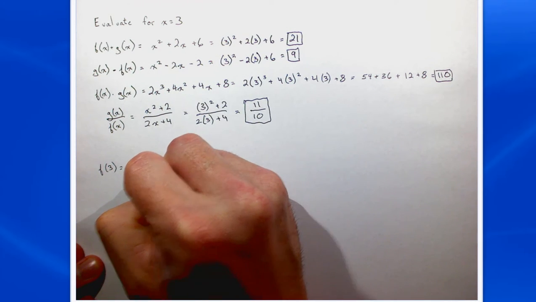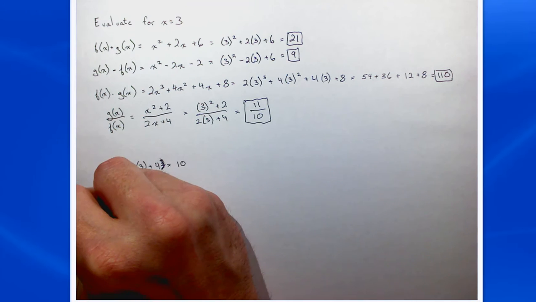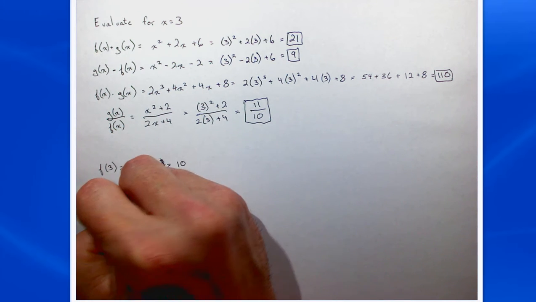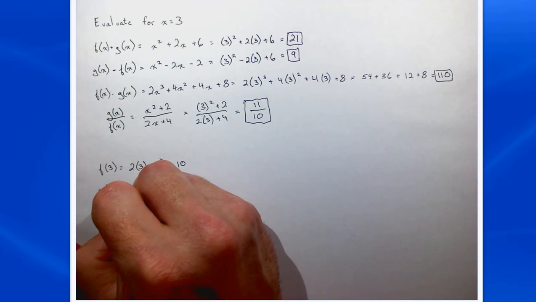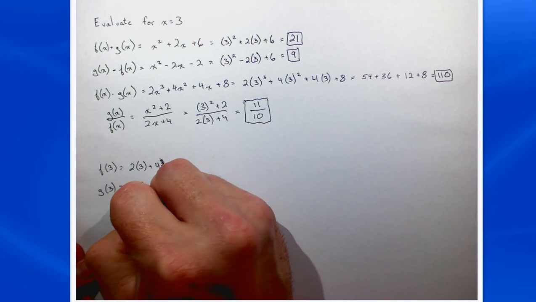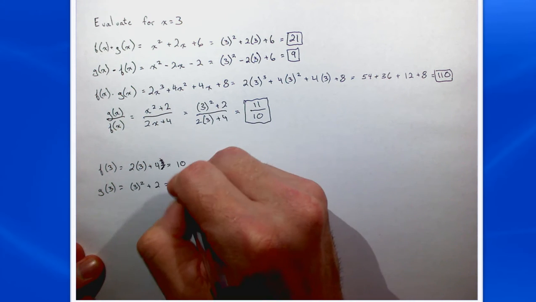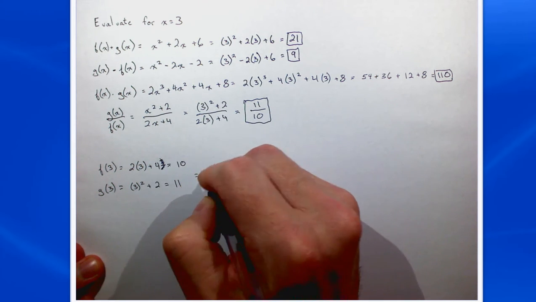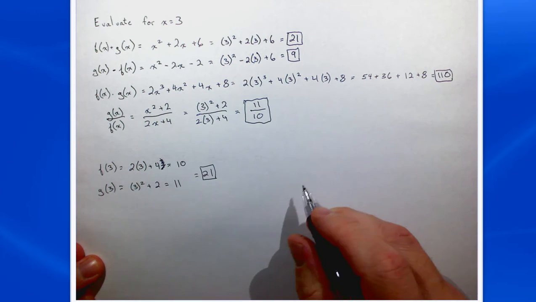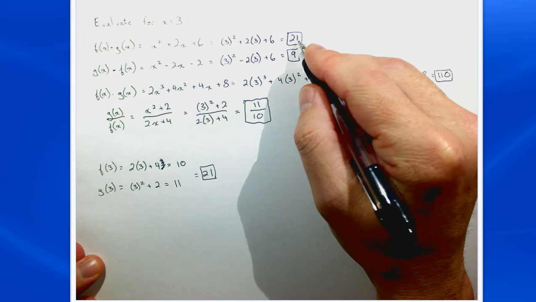And then g of 3, and my function for that was x squared plus 2, so 3 squared plus 2, which equals 11. And then if I were to add these two together, I would get 21. Same thing I got up here.